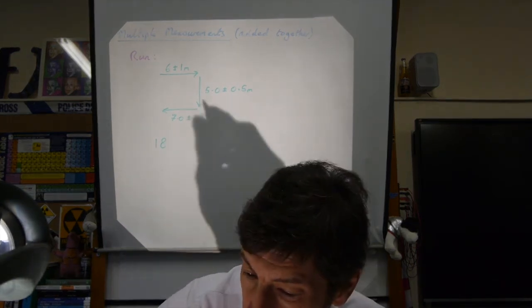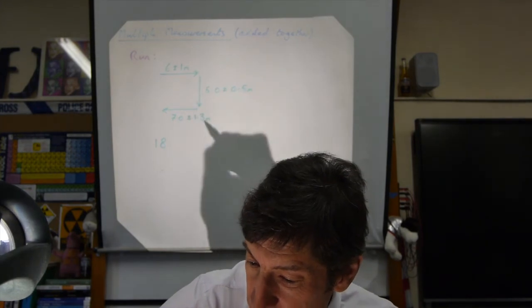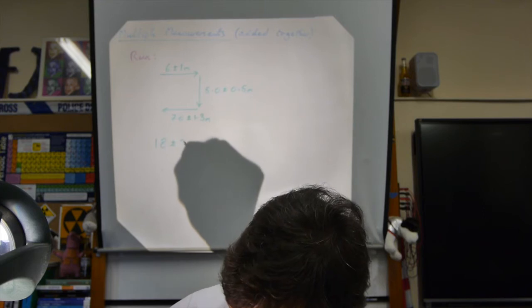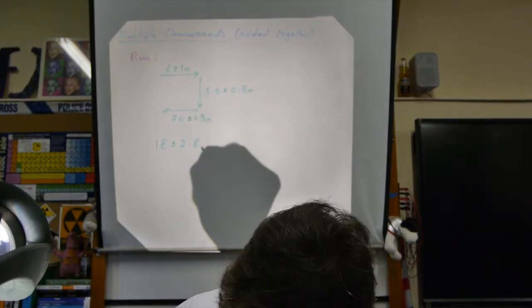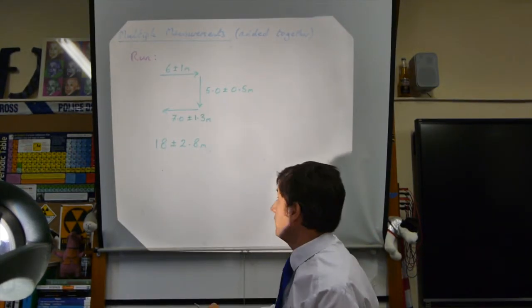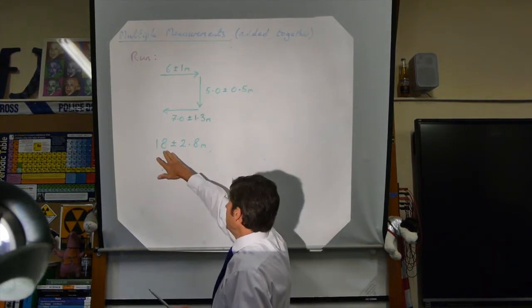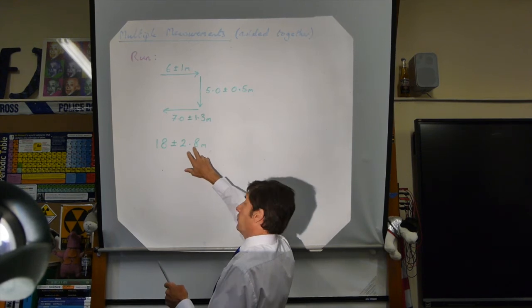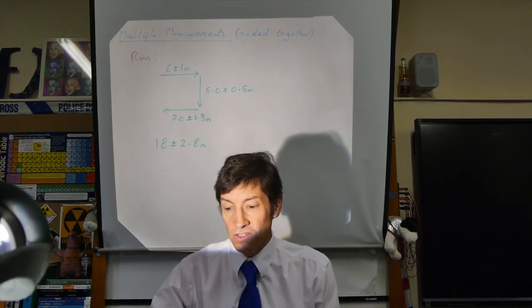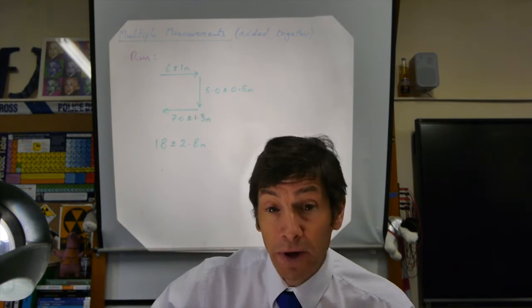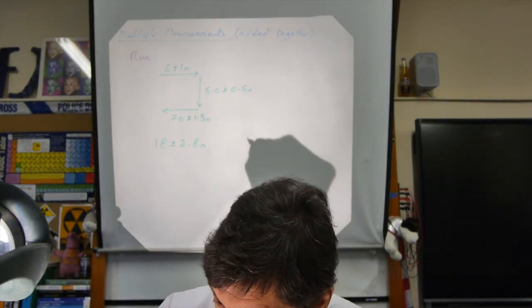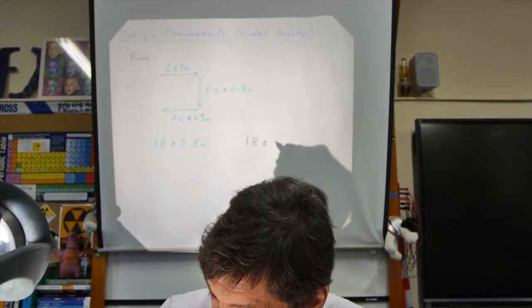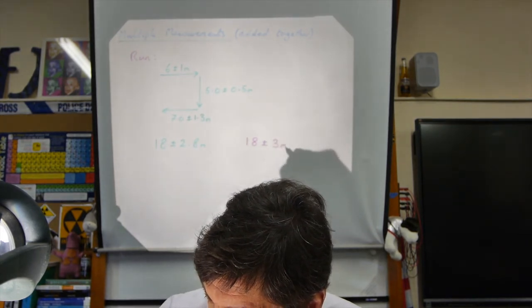And then all we do is add together the uncertainties, so plus or minus 2.8 meters. But if you remember, we're here to the nearest meter, so quoting an uncertainty to the nearest tenth of a meter doesn't make sense. So the distance that we actually did should be quoted as 18 plus or minus 3 meters.